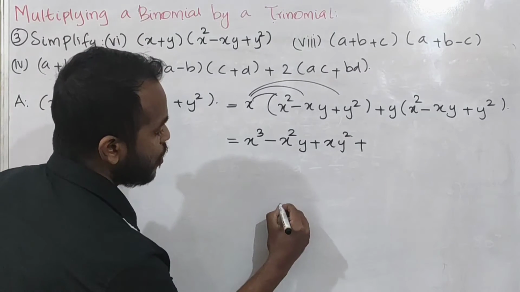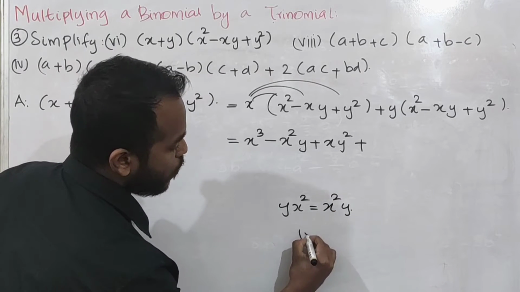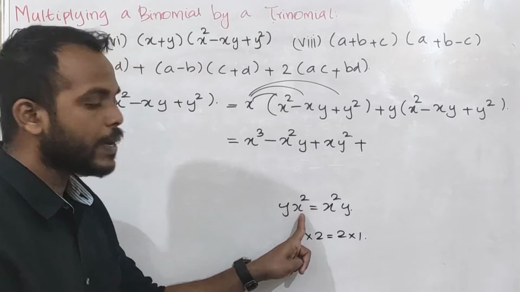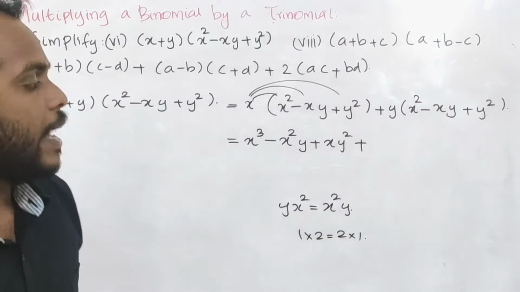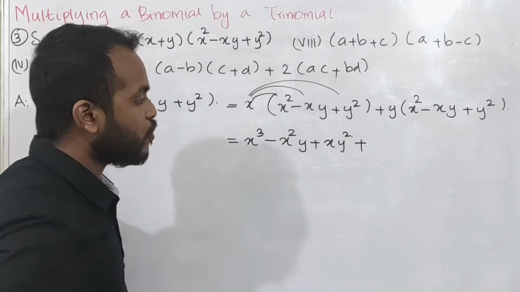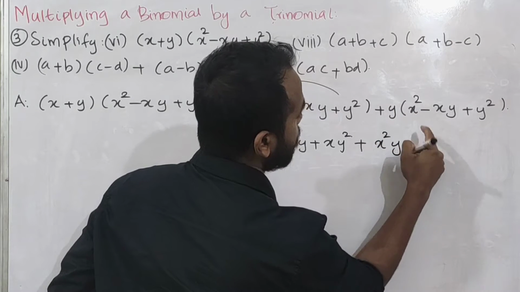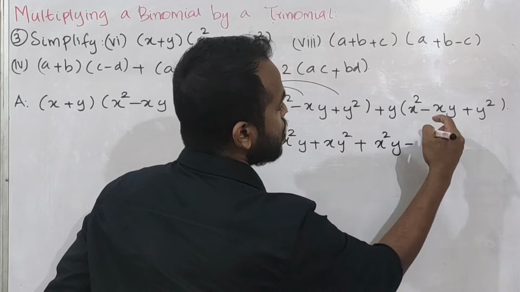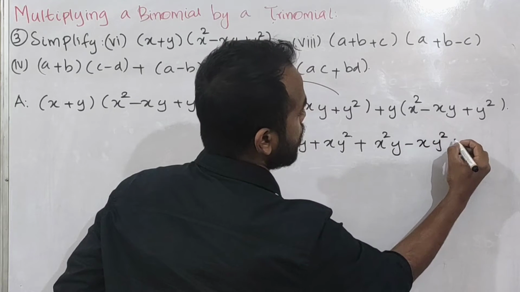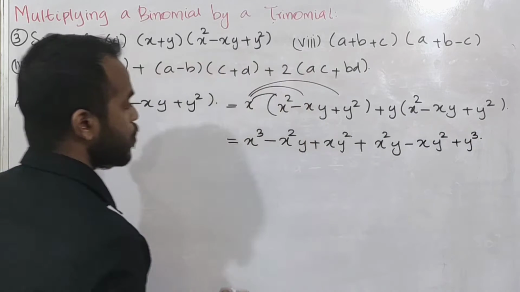It is actually yx square, but this is same as x square y because 1 into 2 and 2 into 1 both are same, isn't it? Always try to write in alphabetical order. So x is coming before y, so I will write y into x square as x square y. Minus y into xy, we have a negative symbol here, that will be xy square. Then we have plus y and another plus y, so this will be y cube.